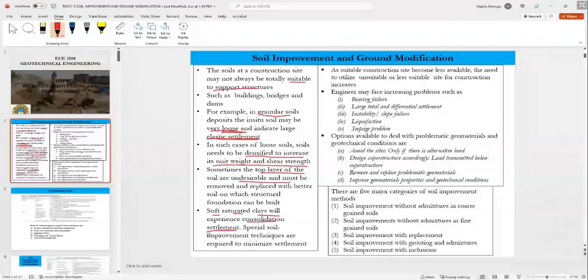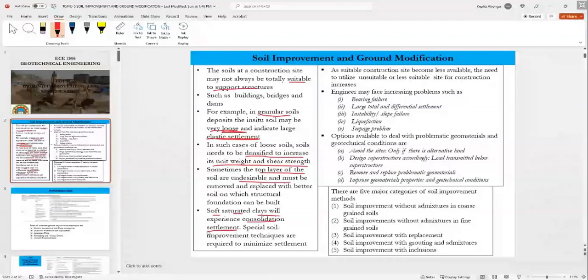Now, because the fine-grained soil has very low permeability, it takes time for the water to squeeze through until the pore water pressure dissipates. That's the process of consolidation. All right, we'll learn more as we go on.